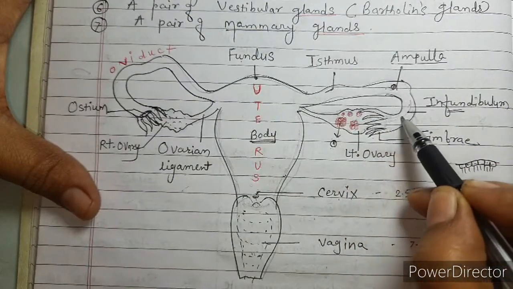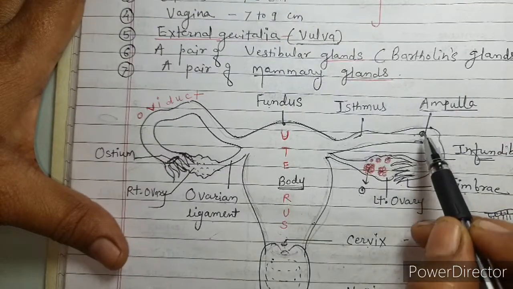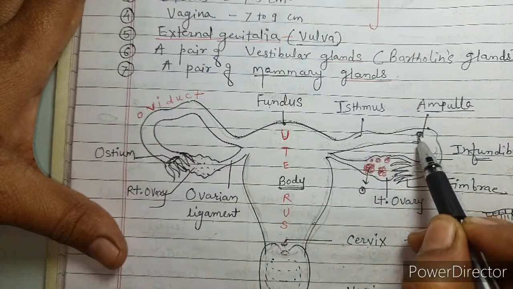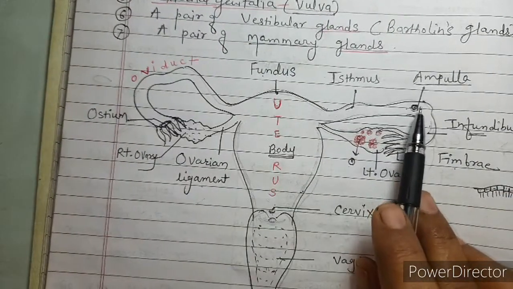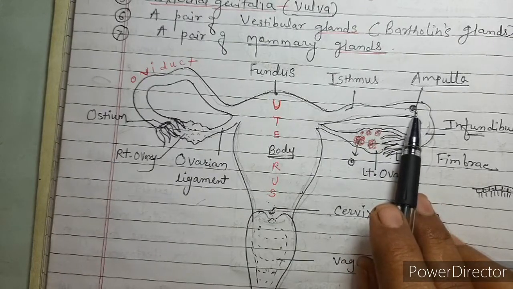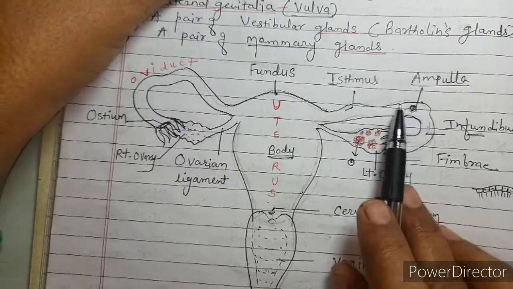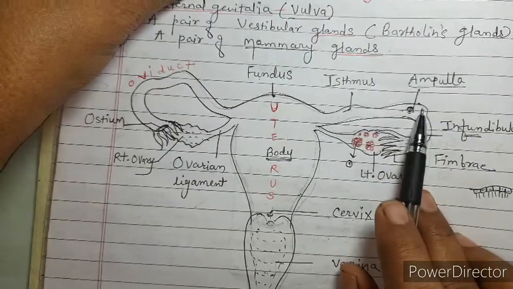This oocyte enters through the infundibulum and comes into the ampulla. So this is the secondary oocyte. In this secondary oocyte, meiosis II is only up to metaphase II. Now the ampulla, and I have also told you that the ampulla is the site of fertilization.